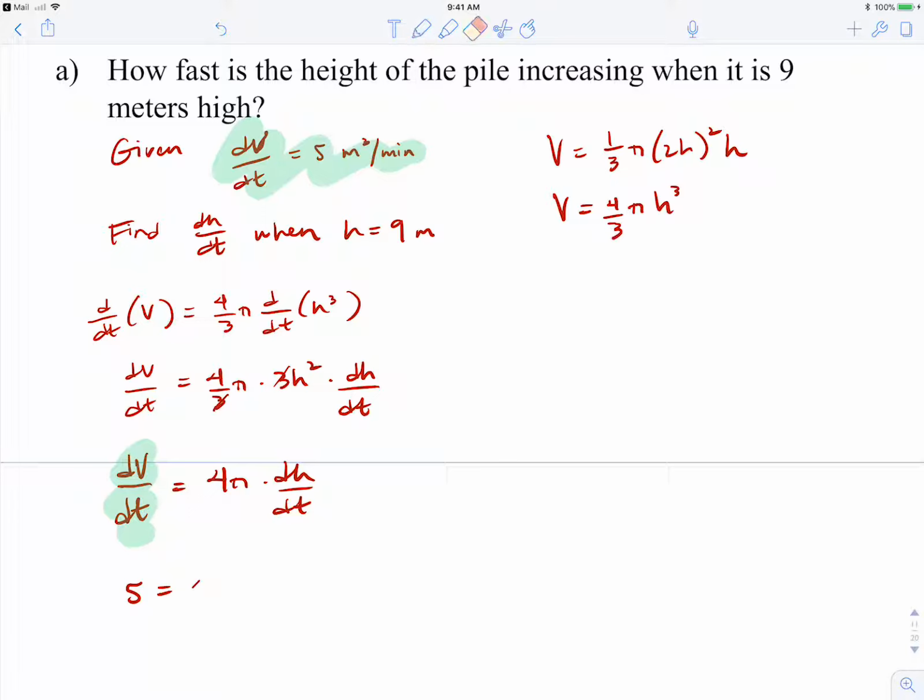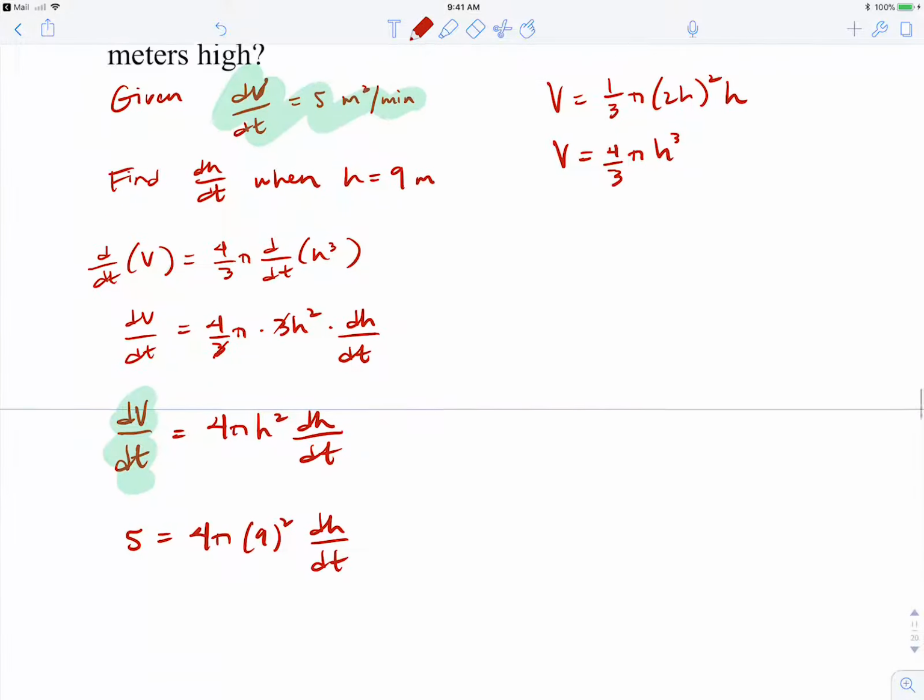Oh, what happened? I rewrote the equation wrong. So it would be 4 pi h squared dh over dt. So this will be 4 pi times 9 squared times dh over dt.